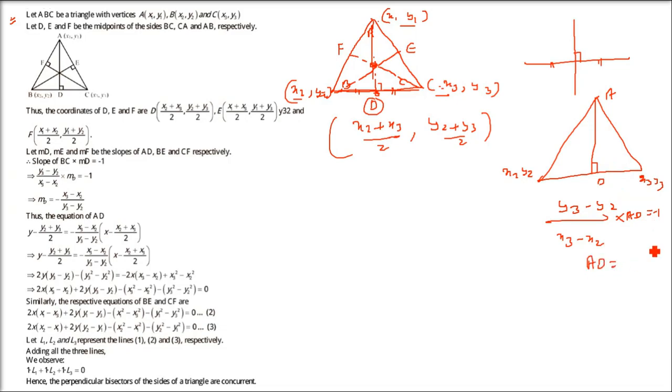So the slope of AD will be minus x3 minus x2 by y3 minus y2. This is the slope of AD. Okay, now there are two things.